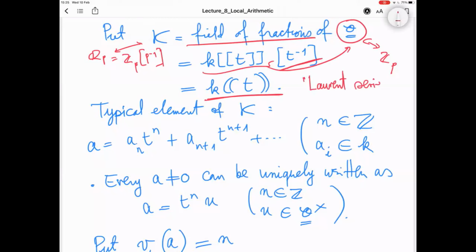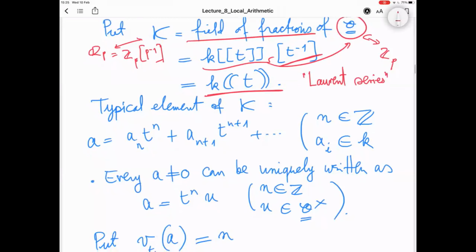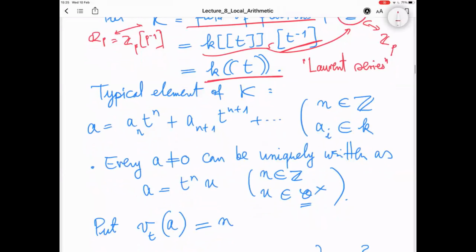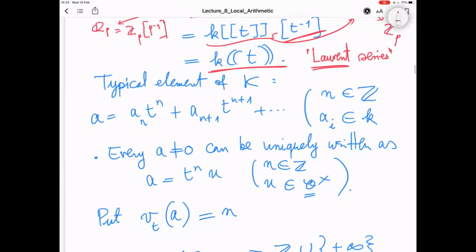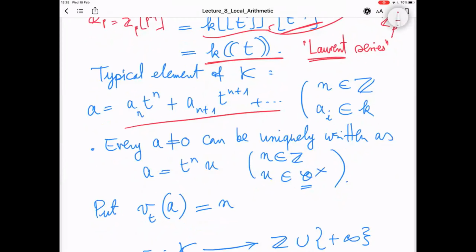The difference between these Laurent series and the usual power series is that a Laurent series is of the form a_n t to the n plus a_{n+1} t to the n+1 and so on, where this n is allowed to be in Z. Whereas for a formal power series, n has to be in N. And these coefficients a_i are of course in the finite field, little k.